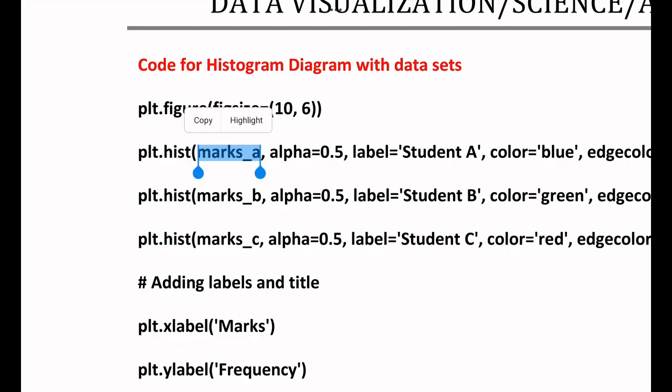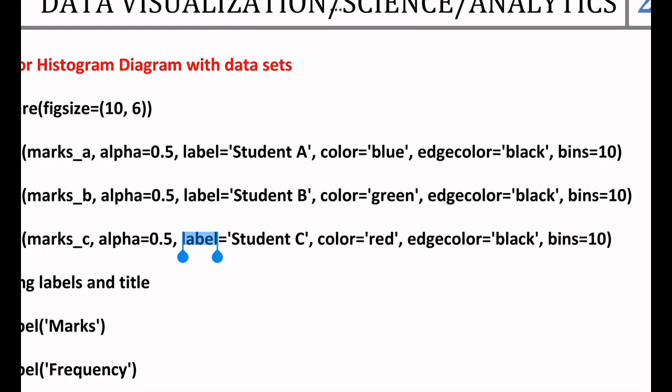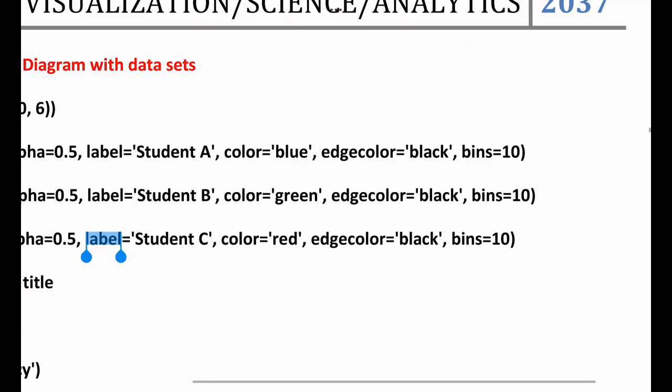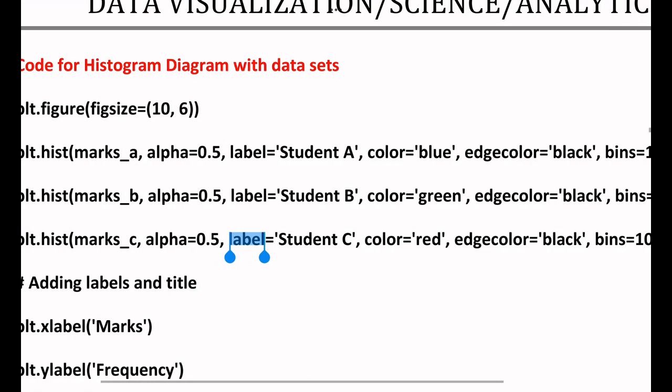Between marks A, this is for marks A, this is for marks B, this is for marks C. Alpha, what is the meaning of alpha? Transparency. Alpha transparency 0.5. Label is student A, this label is student B, and label is student C. Color blue, green and red. Edge color black, and bins are, this is the size.